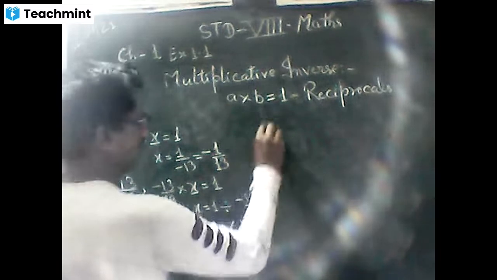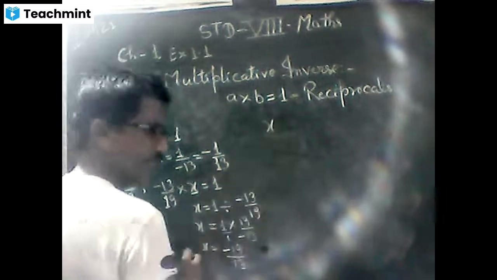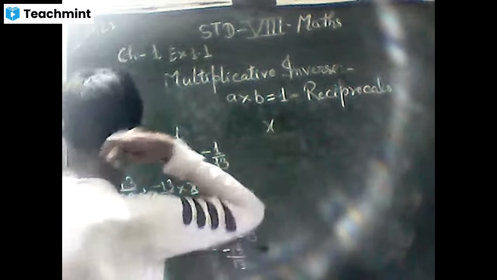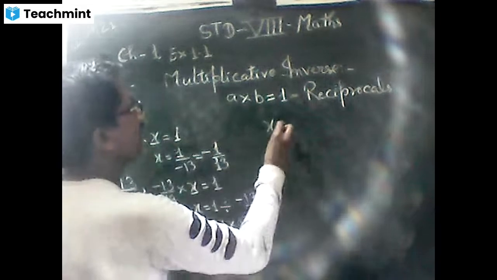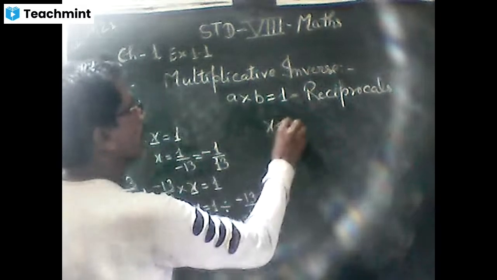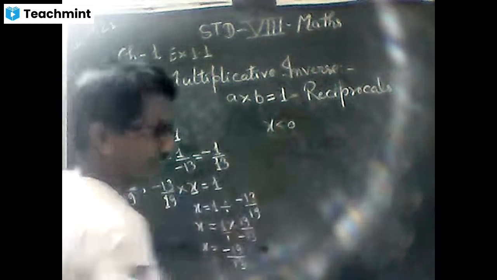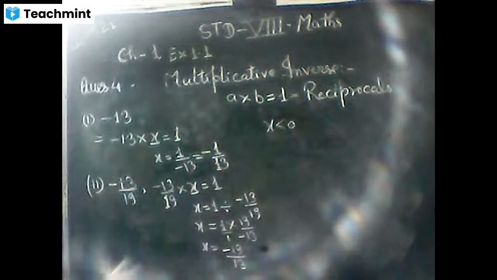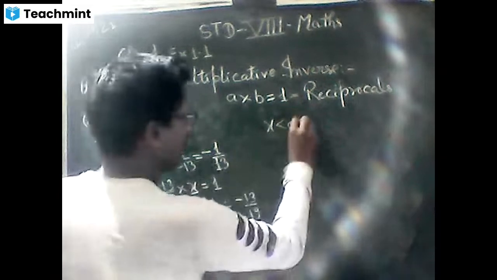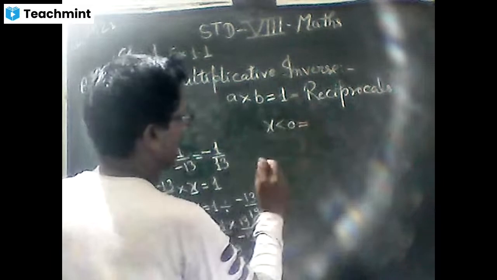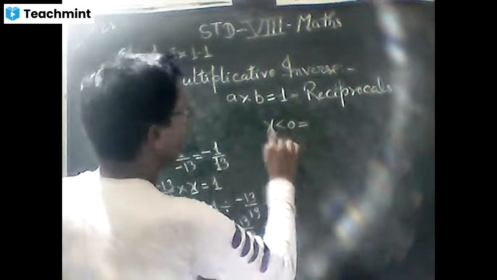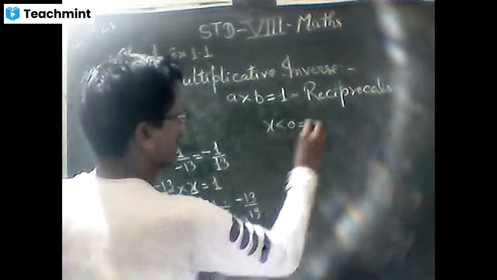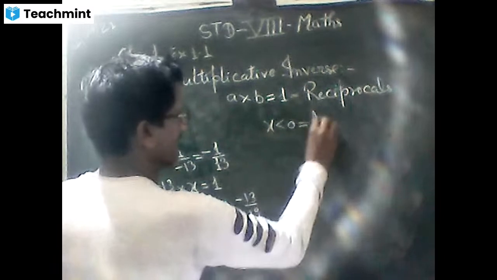Reciprocal of a number, that is x. If x is smaller than 0, then we have to find our multiplicative inverse in integers.